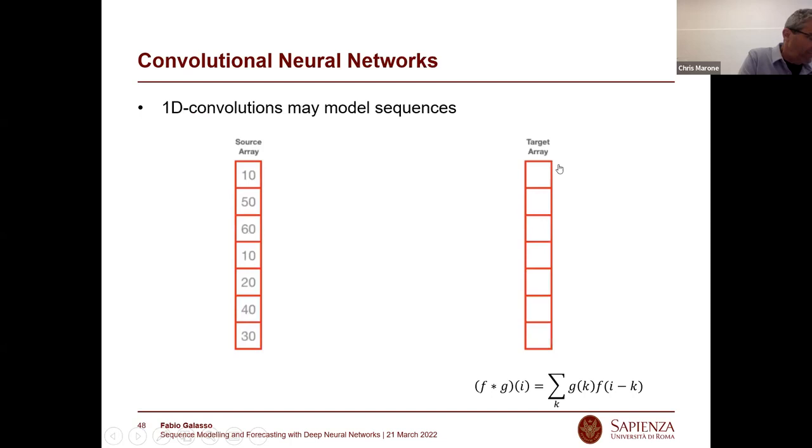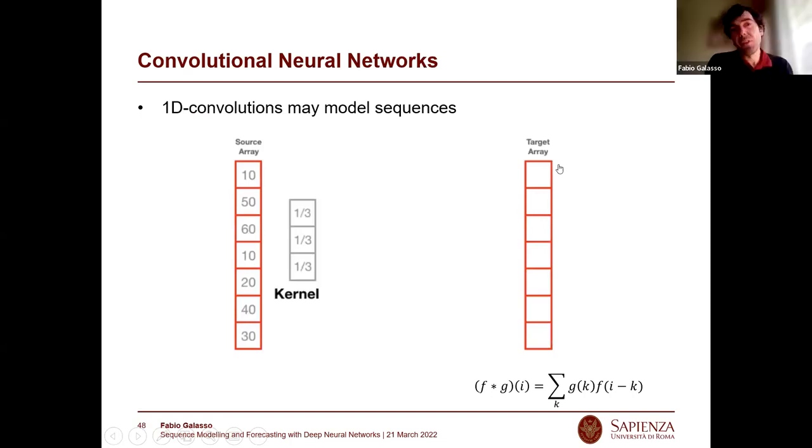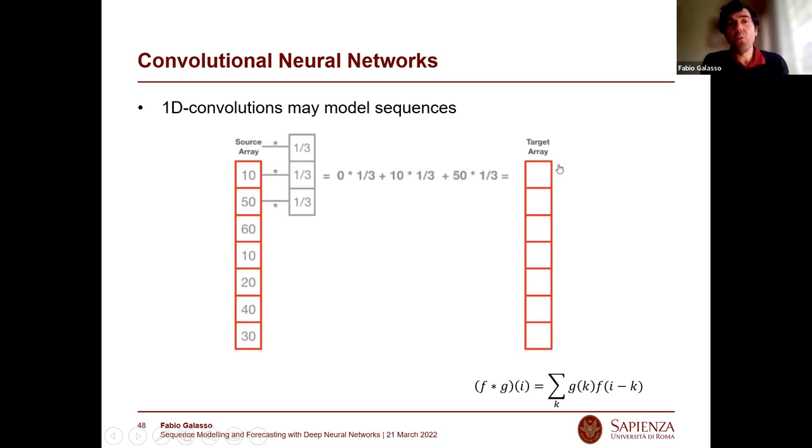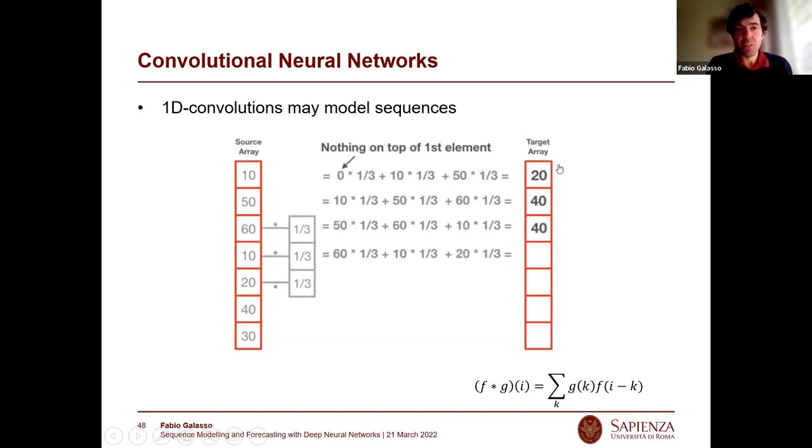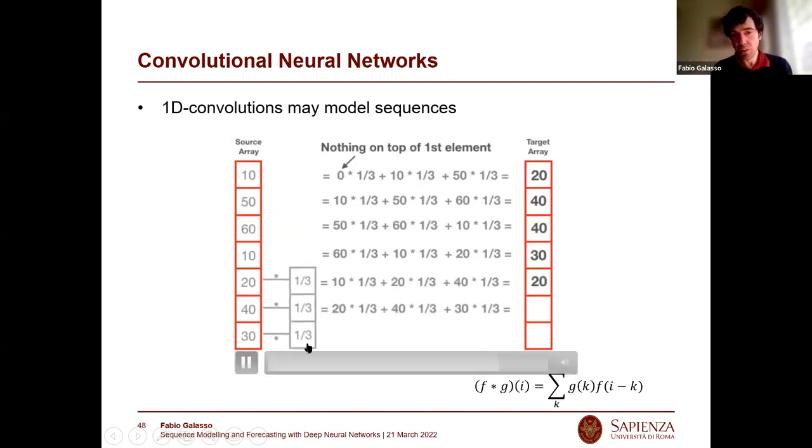Okay, then I'll get into a second way we can do forecasting, and this is by using 1D convolutions. Now you see a very simple video here that has a small kernel sliding over our input.